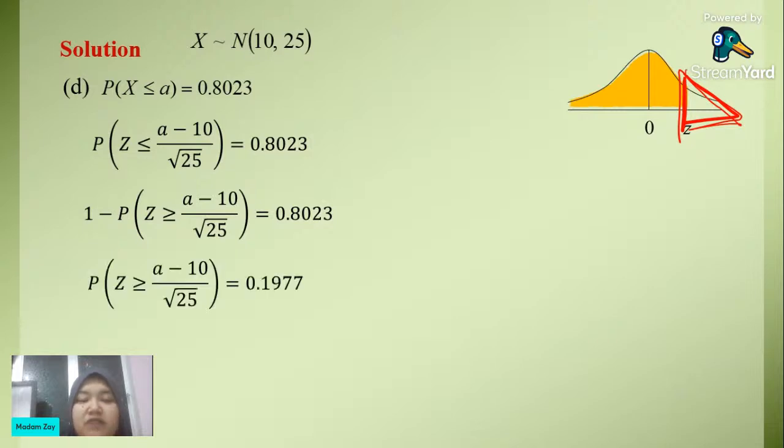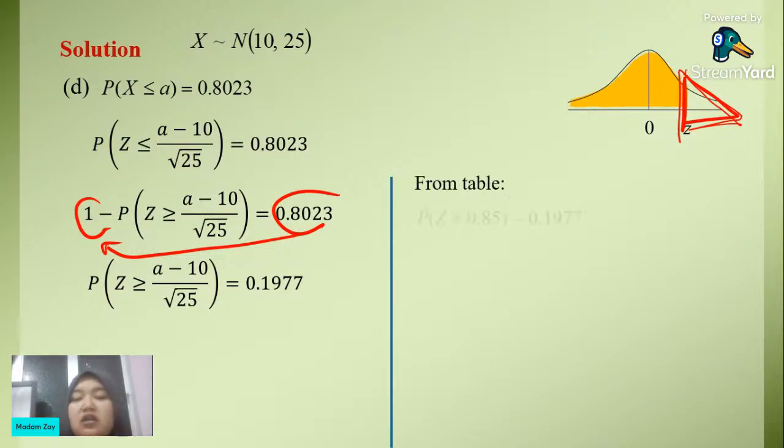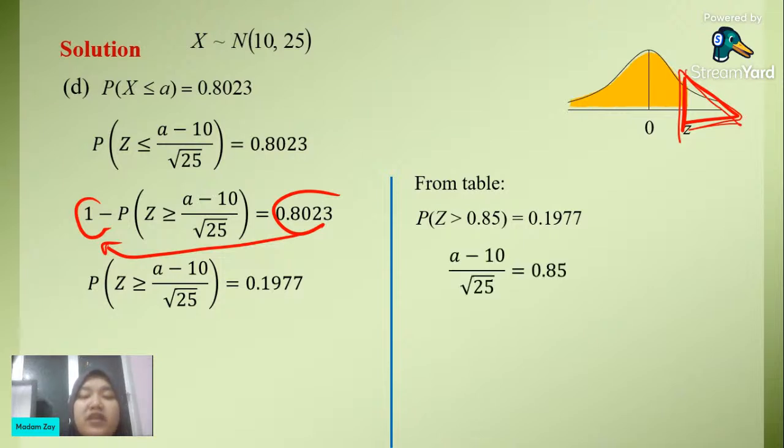Then probability of Z more than or equal to (A minus 10) divided by square root of 25 is equal to 0.1977 after we subtract this value from 1, right? So from the table, we know that probability of Z more than 0.85 is equal to 0.1977. So compare these two values: (A minus 10) over square root of 25 is equal to 0.85. So A is equal to 14.25.